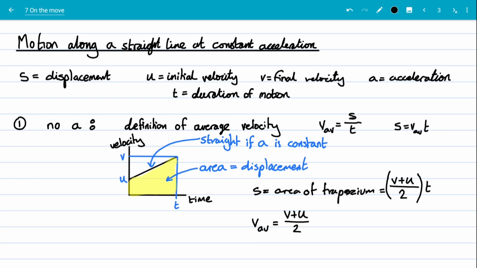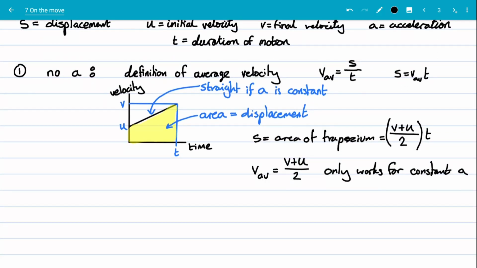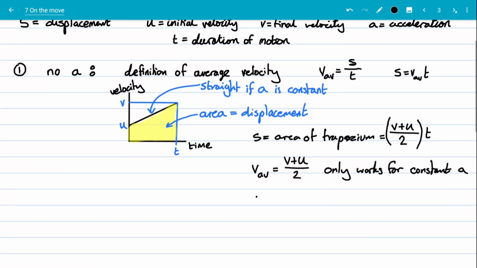That only works because it's constant acceleration. Only works for constant A. This is why I like deriving this equation first. So we can now plug that into the top equation, V average. So V average was just V plus U divided by 2. And that is going to be equal to S over T.